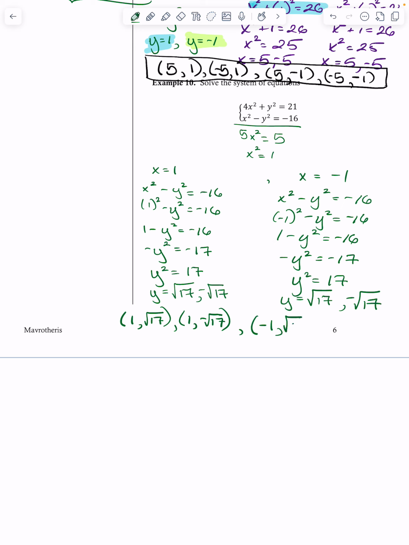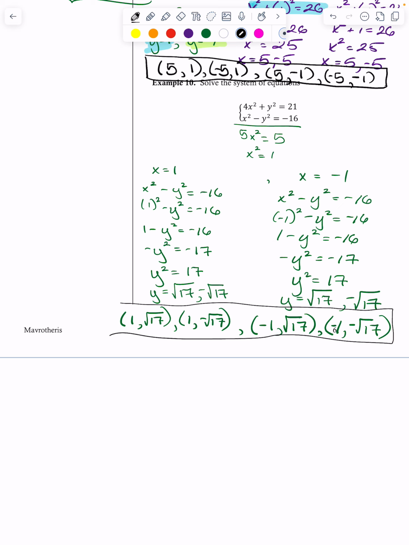So when x is -1, y is the square root of 17. When x is -1, y is negative square root of 17. And there are the 4 solutions, which makes sense. We have an ellipse and a hyperbola. They can intersect in up to 4 places.